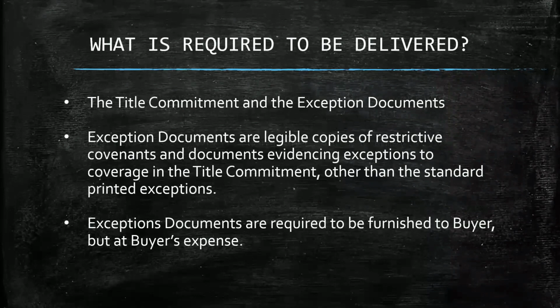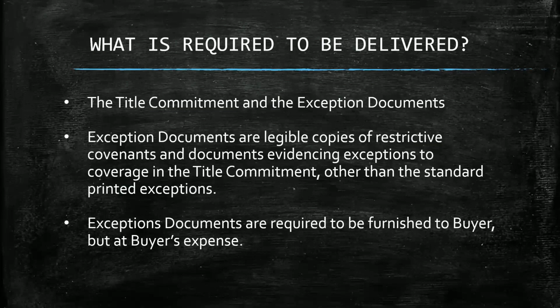So what is required to be delivered with the title commitment? We just went over this in the language of the contract, but let's look at it again. The items that have to be delivered are the title commitment, that is the title company's promise to issue the title policy, and also the exception documents.